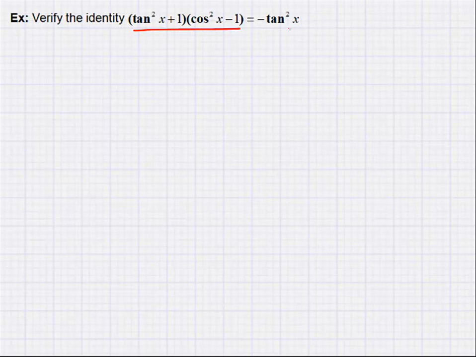Next thing, what do you want to do? Well, I'm seeing squares. So the second I see these squares, I'm thinking Pythagorean identity. Pythagorean identity for tangent is tangent squared x plus 1 equals secant squared x. So that's that one. This one, cosine squared minus 1, that would be equal to negative sine squared x.